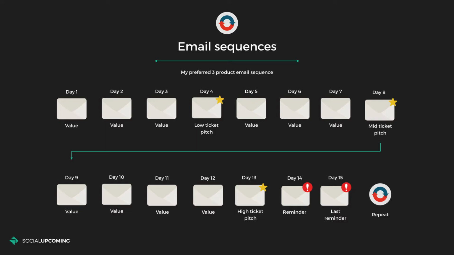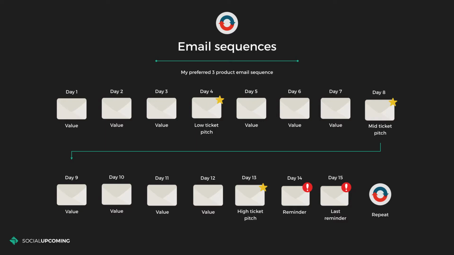Day number 2 is about adding more value. Let's say day number 1 was about 15 types of businesses that can be started online. Day number 2 would add more value to what they received on day number 1, so let's say 15 more businesses. Or for the next 2 days, day number 2 and 3, you would go more in depth into the first 7 and the last 8 businesses.